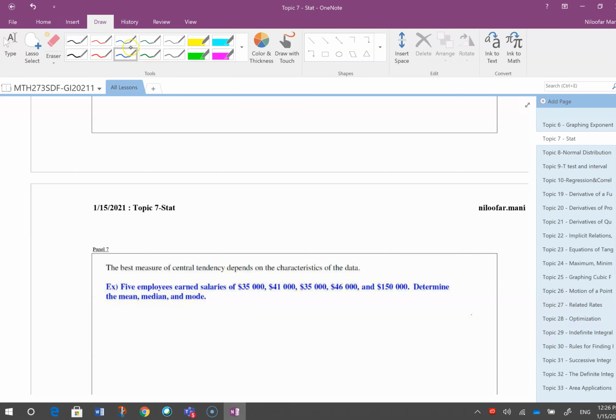Mean is x bar. I add them all, 1 to 5, and then divide by 5. So the result is 61,400.